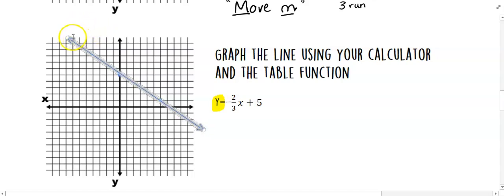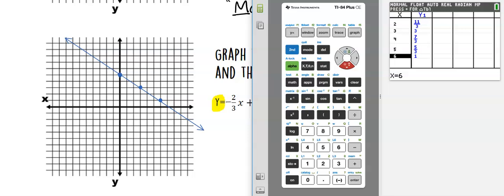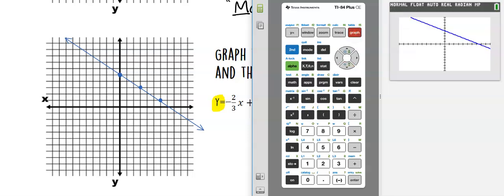There we go. Now I've graphed the line. Now, if I go back to my graph, you can see what I have on my paper or my OneNote looks just like what I have over here on the calculator screen.